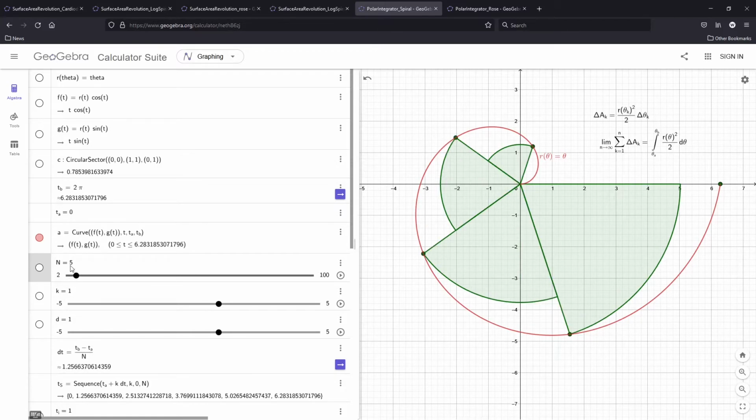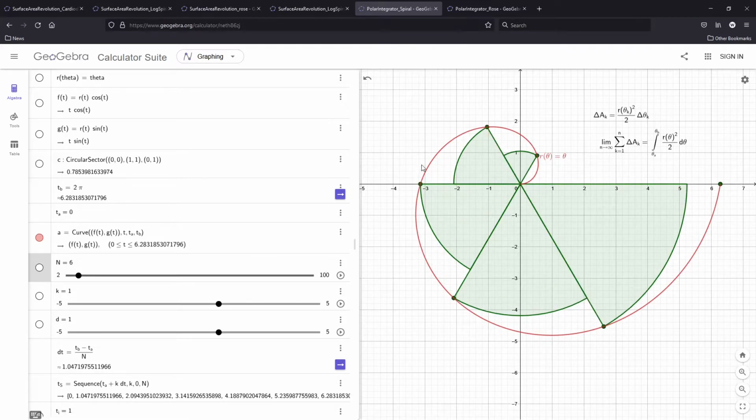If I increase this to 5, we have 4 segments and 5 sample points. Increase it to 6, we have 5 segments and 6 sample points. Even for 6 sample points, the approximation is really bad. There's a lot of extra area here that we're not capturing.